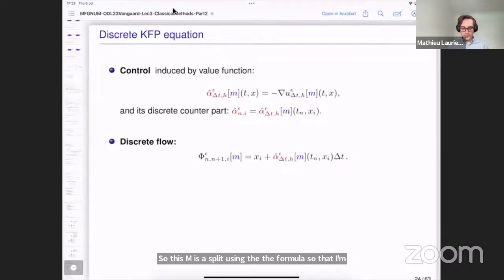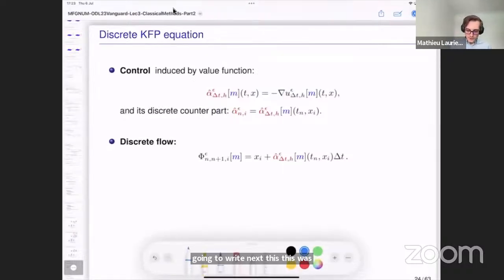So what is the formula? The control is given by minus the gradient of u. So you see, that's why we really wanted to have a regular function, so that we can compute the gradient, because it is the gradient that gives us the control. Then you write the equation for the discrete flow. So basically you take xi and you add alpha hat multiplied by delta t.